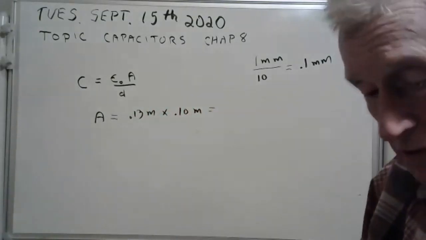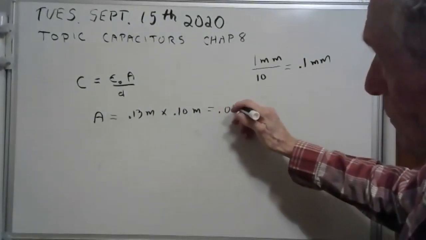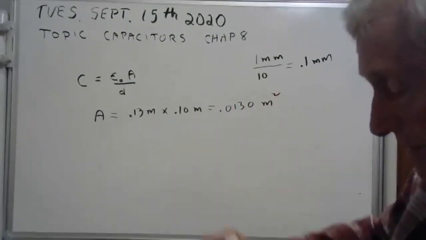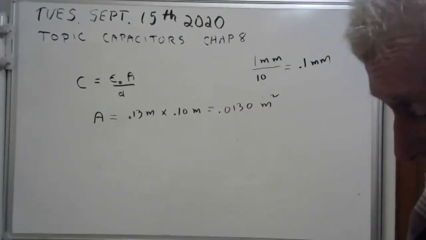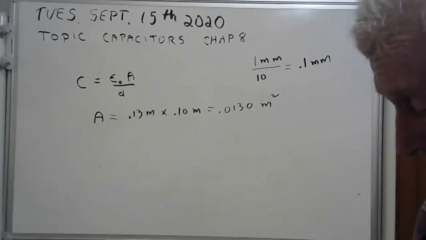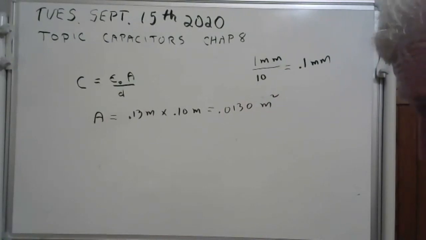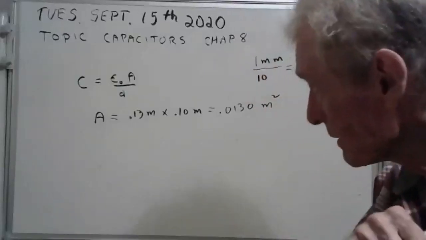I could almost do that in my head. Is it 0.0130 square meters? Did I do that right? Double check me. No, 0.13 times 0.1. Yeah, of course it is. It's 0.0130. We could have done that in our head.